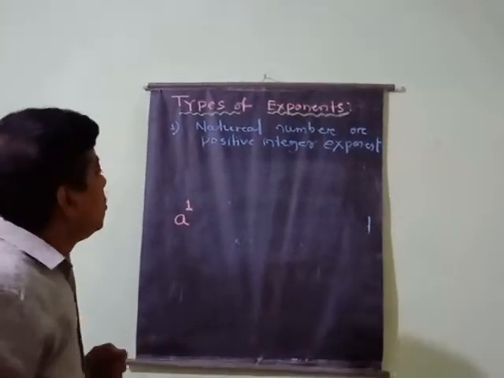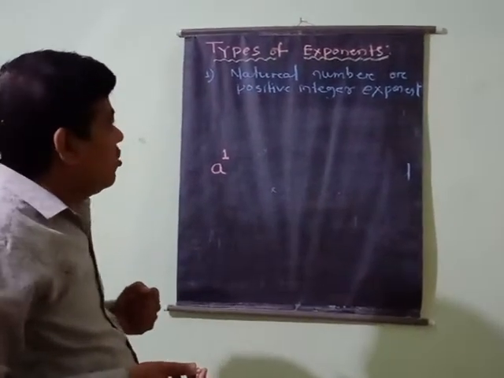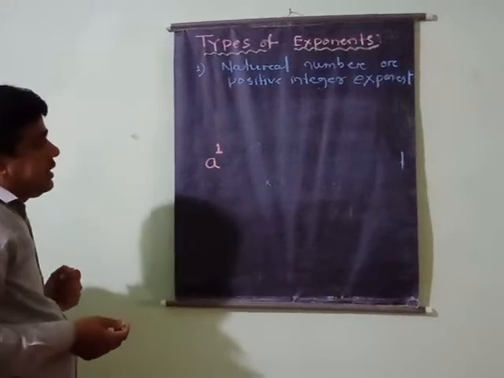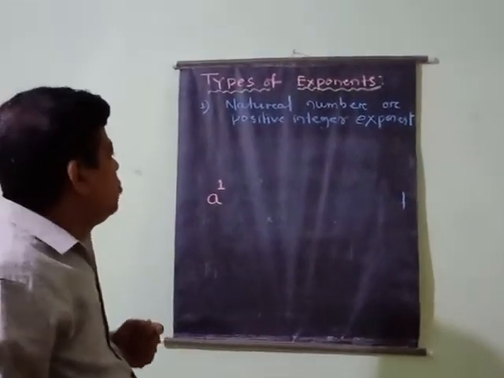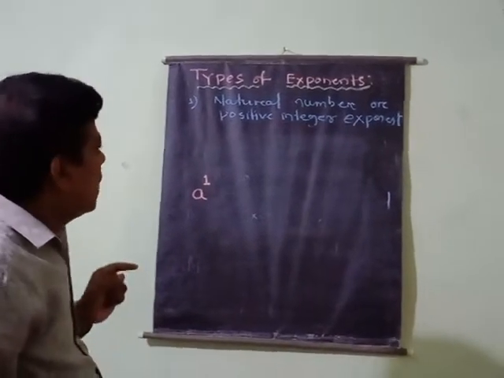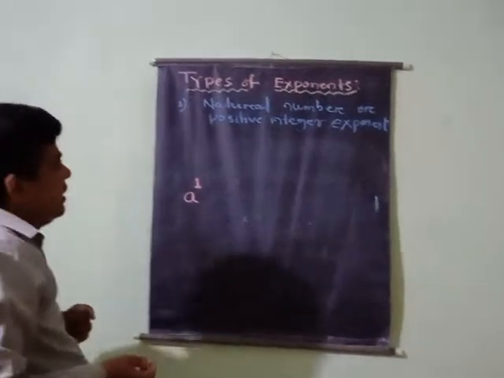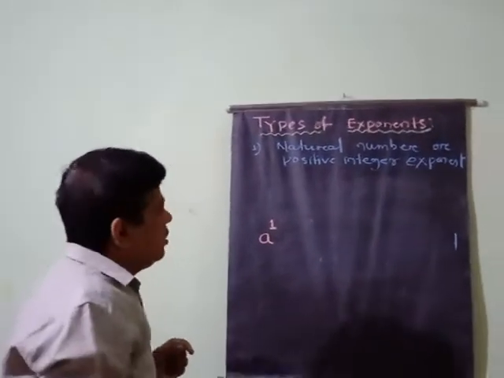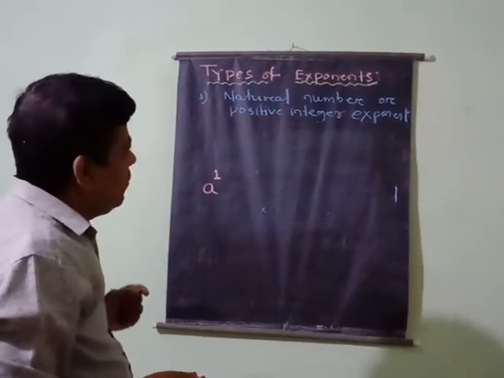So what do you mean by positive integer exponent or natural number exponent? If the powers of the exponent with a given base are natural numbers or positive integers, then such exponents are said to be natural number exponent, positive integer exponent, or positive exponent.